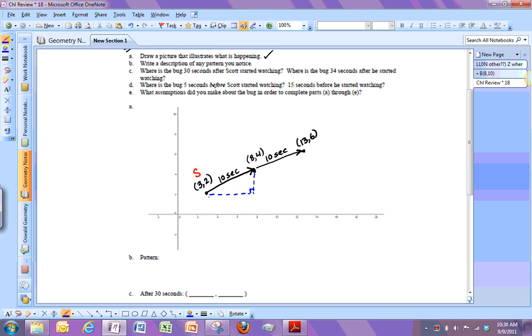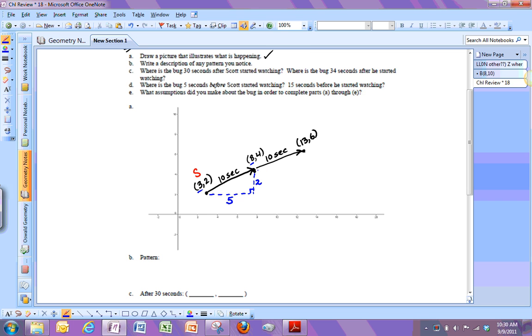When you go left to right here on the bottom of that blue triangle, only the x's change. So I'm going from 3 to 8. So that's got to be 5 units. And then when I'm going up here from 2 to 4, only the y's change, so that's a change of 2. So it looks like every 10 seconds I'm going to the right 5 and up 2.